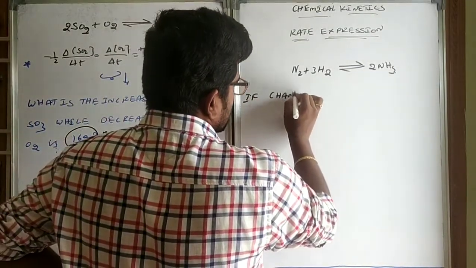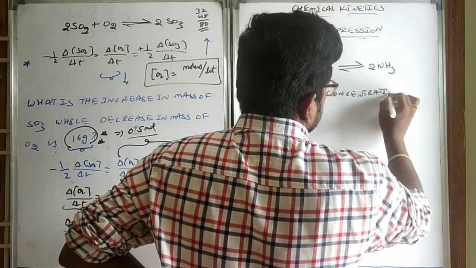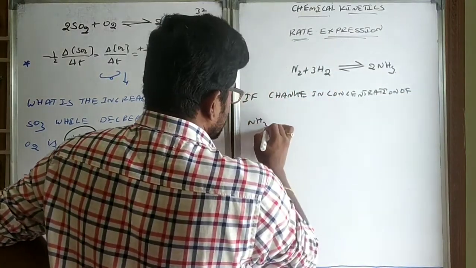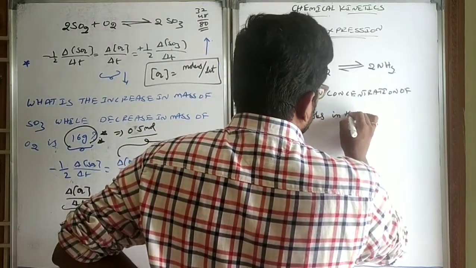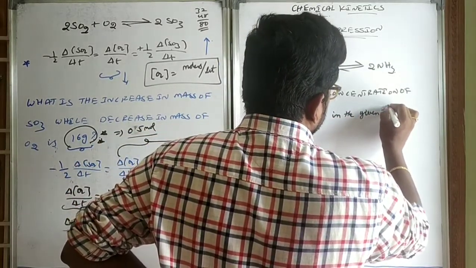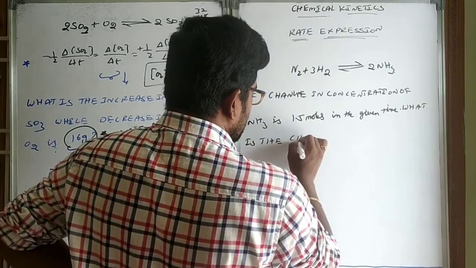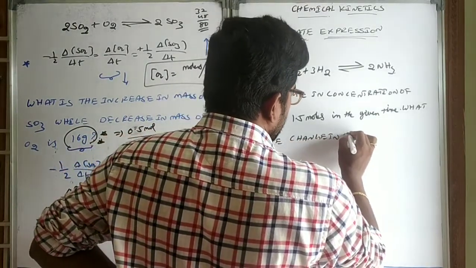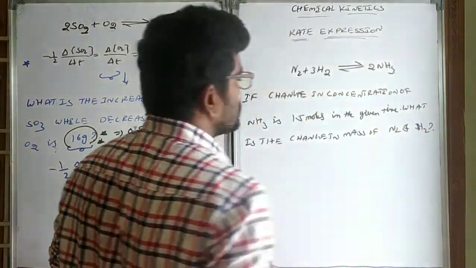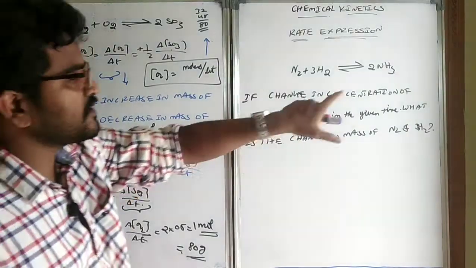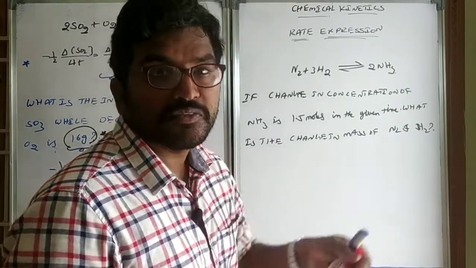If the change in concentration of NH3 is 1.5 moles in the given time, what is the change in mass of N2 and H2? So the change in concentration of ammonia is 1.5 moles in the given time. What is the change in mass of N2 and H2?